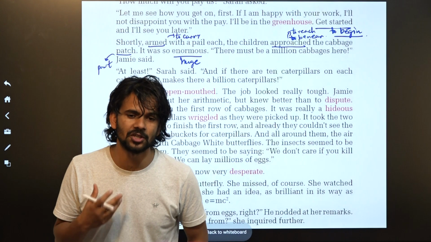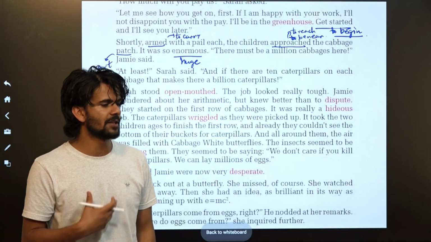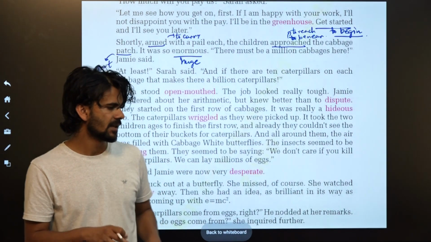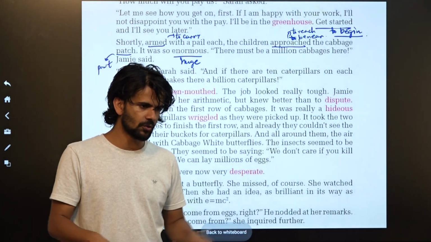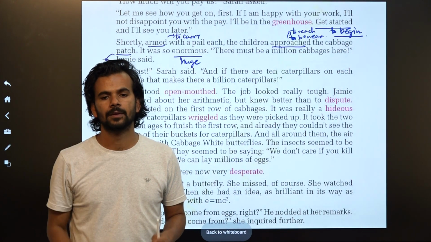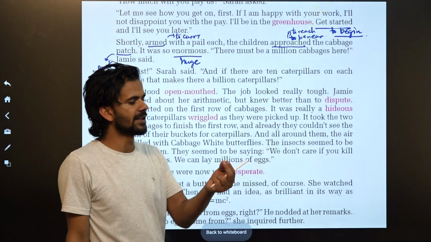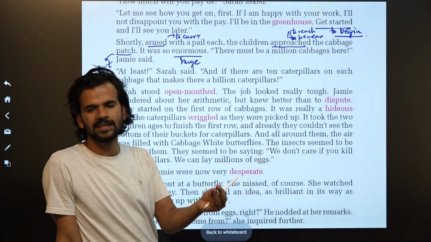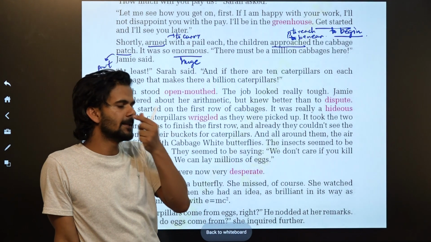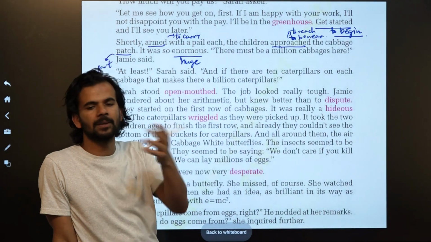She's trying to express that the patch, that piece of land where cabbage is grown, is huge. So each cabbage has how many caterpillars? 10 caterpillars.